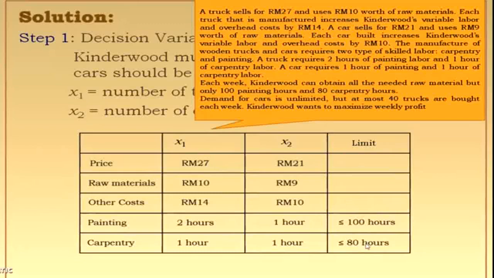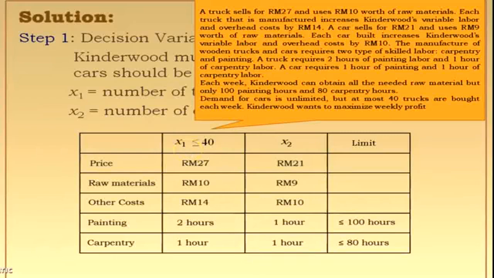Finally, demand for cars is unlimited, but at most 40 trucks are bought each week. This tells us that Kinderwood can produce wooden cars as many as they want, but they can't produce more than 40 trucks every week. We write this information here.